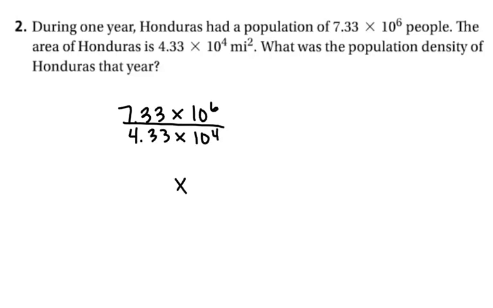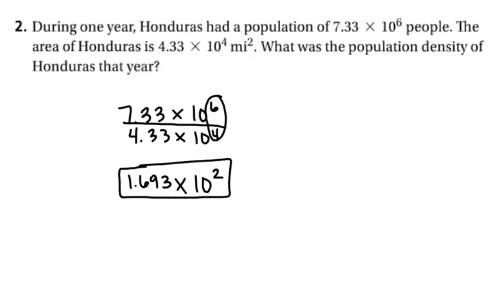Okay, and I'm going to do the times 10 again because that's the quick one. So 6 minus 4 is 2. I go over to my calculator. I get 7.33, and I divide it by 4.33, and I get, again, a big long number. So I'm going to go out 1.693. That's written correctly. It's a number between 1 and 10. We're done.